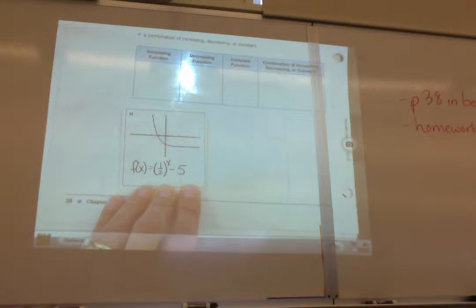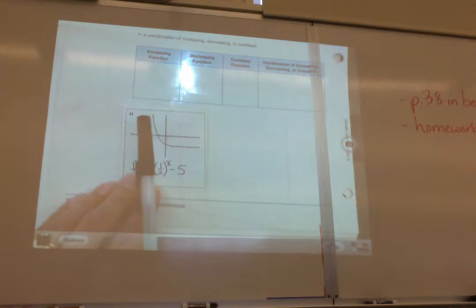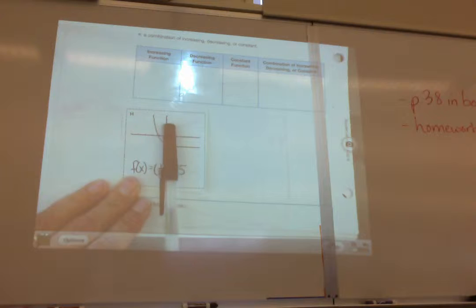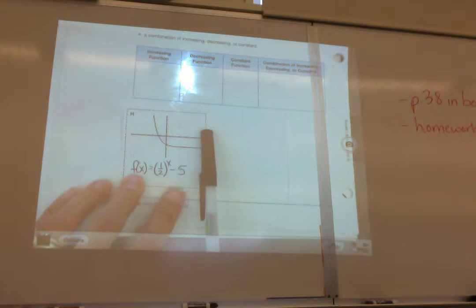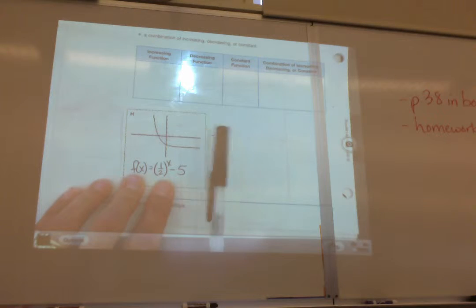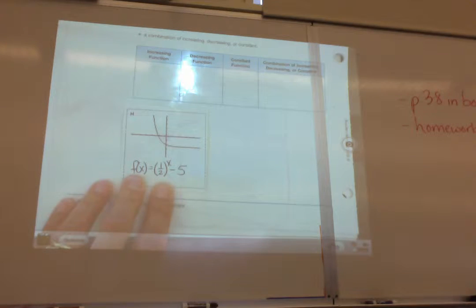And the domain is the x-axis. So we're going to start over here on the left-hand side of the graphs and look left to right and see if there's a pattern of it increasing or decreasing. What do you think increasing and decreasing means? Increasing. Going up or going down?